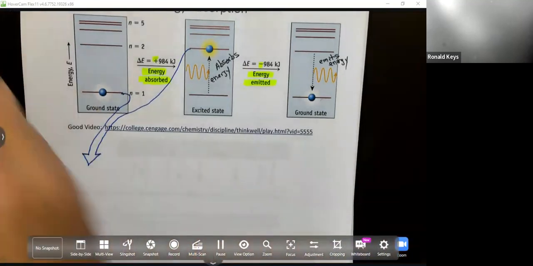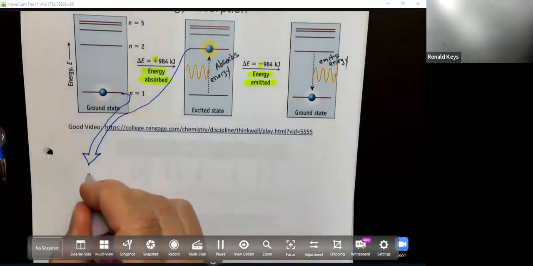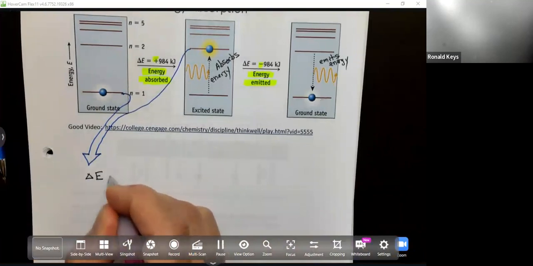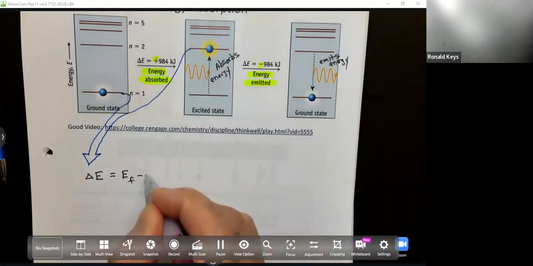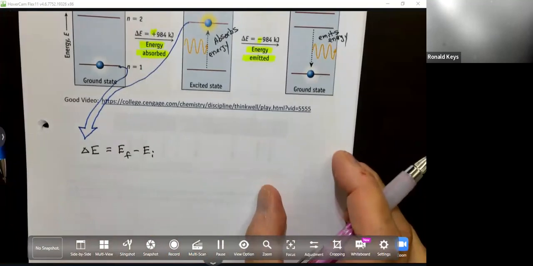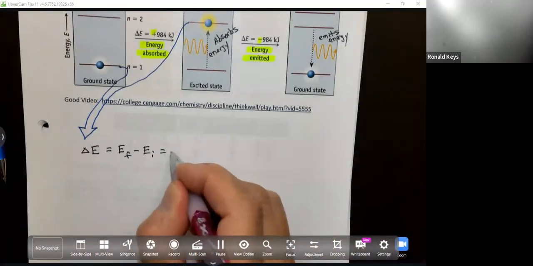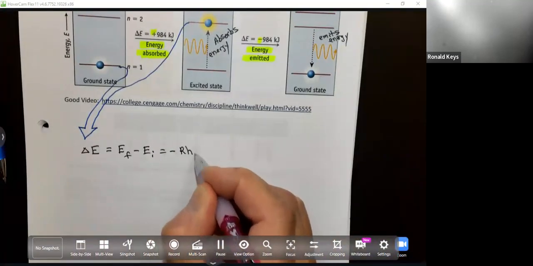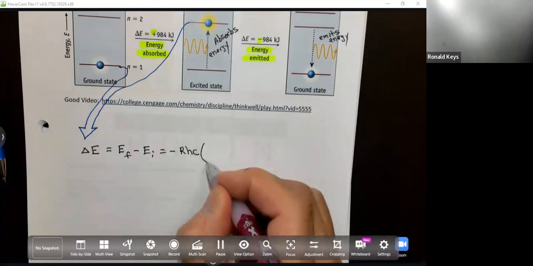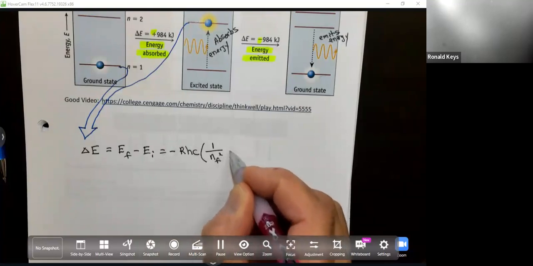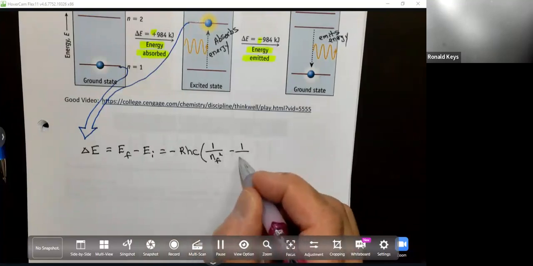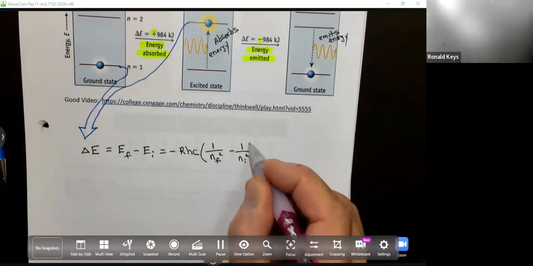So our change in energy is equal to energy final minus energy initial, which is minus RHC times 1 over n final squared minus 1 over n initial squared.